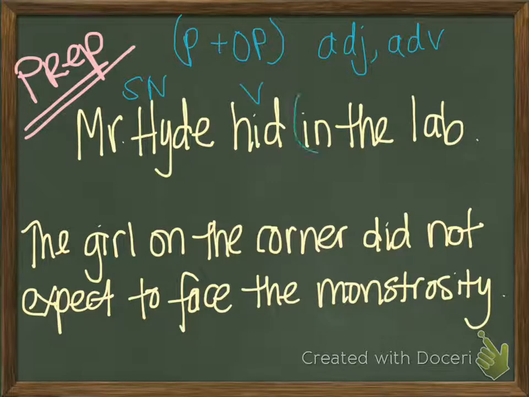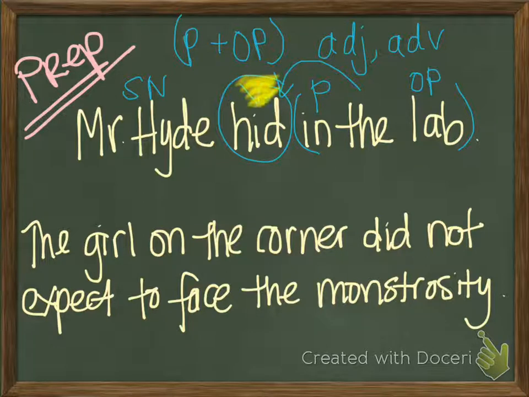In the lab is the prep phrase, starting with the preposition and ending with the object of the preposition. To figure out whether it's adjectival or adverbial, you have to look and see what the prep phrase is modifying. Here, it's modifying hid, because it's telling where Mr. Hyde hid. And since I'm modifying a verb here, this entire prep phrase will be called adverbial.